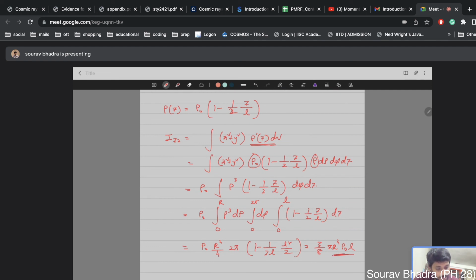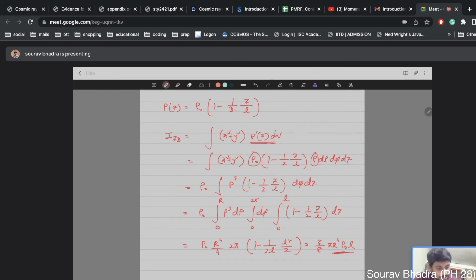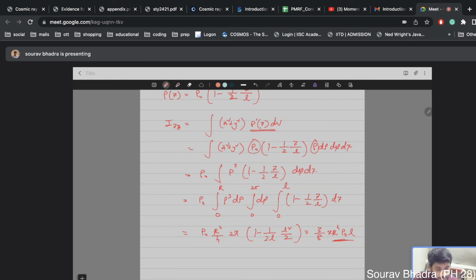So it is your Izz when rho is not constant, rho is a function of z. Now for the mass of this cylinder, you cannot write mass as pi r square into length into rho, because your rho is not constant anymore. So for mass you have to calculate also, which will be the integral of rho d rho d phi dz.